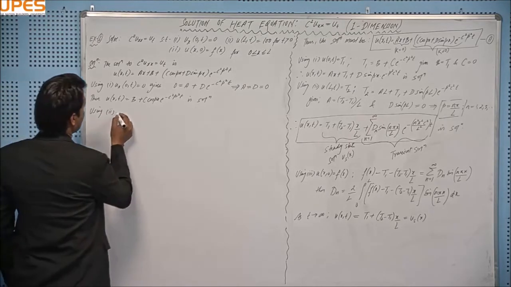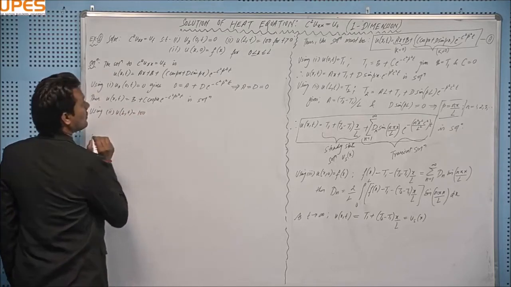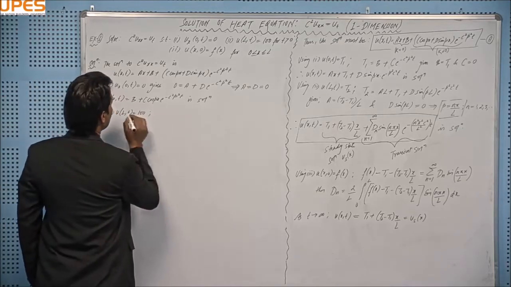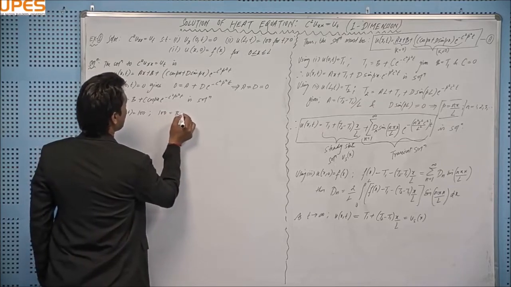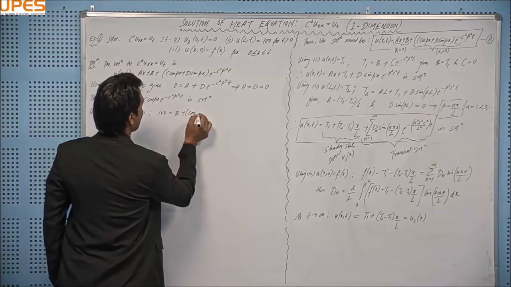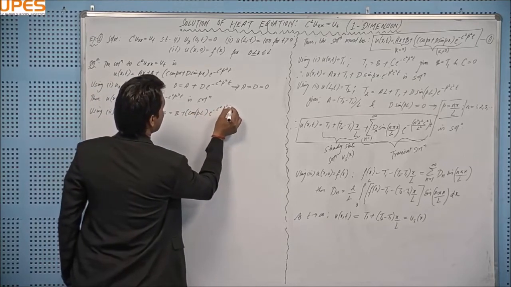u(L, t) equal to 100, and that will give me 100 equal to b plus c cos pL e to the minus c square p square t.